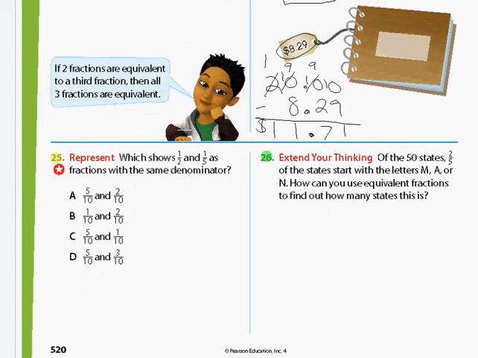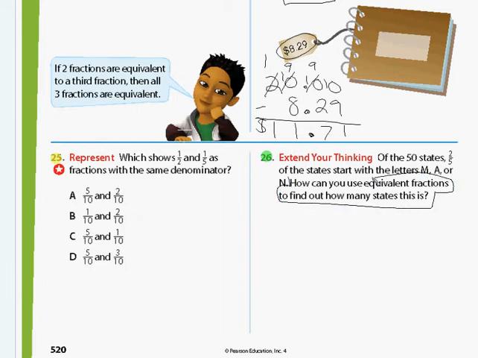Problem number 26. Okay, of the 50 states, 2/5 of the states start with the letter M, A, or N. How can you use equivalent fractions to find out how many states this is? So we're going to go ahead and box in our question.